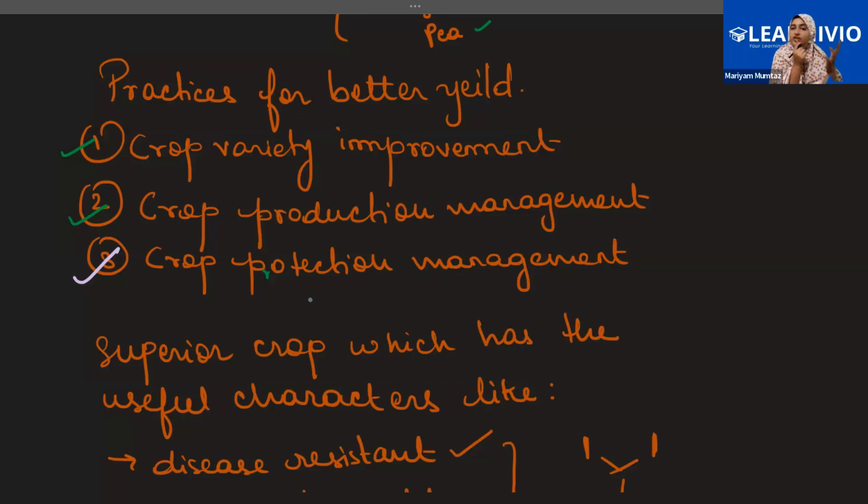The crop production management, meaning after the crops have been laid out and they are growing, whatever product they are producing, whether it is pulses or cereals, they have to be managed properly. And apart from that, all the crops that we are growing in the field have to be protected from pathogens like insects, pests, and weeds.